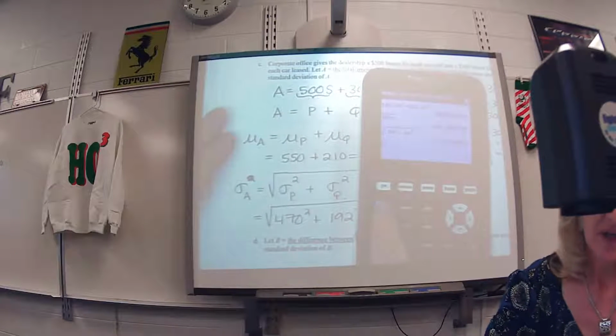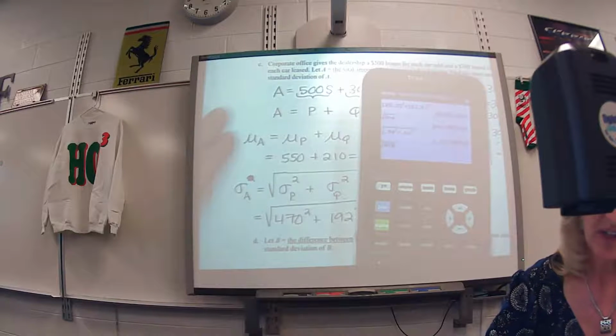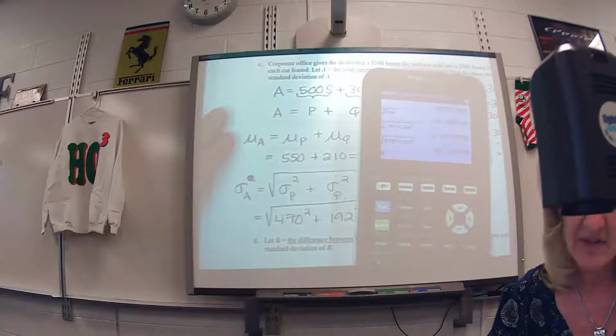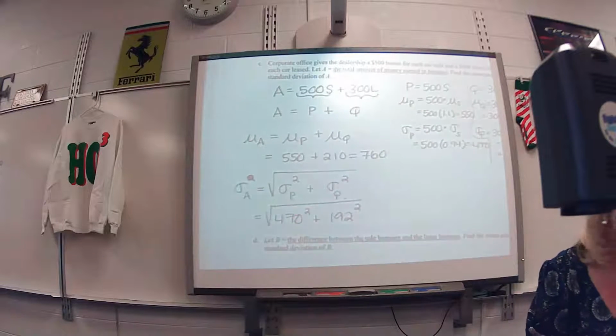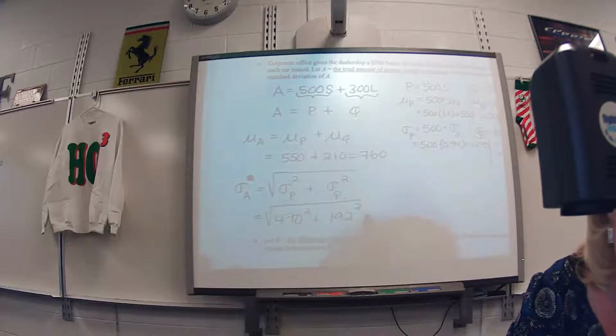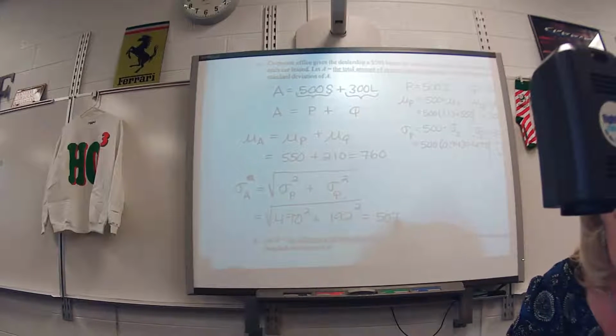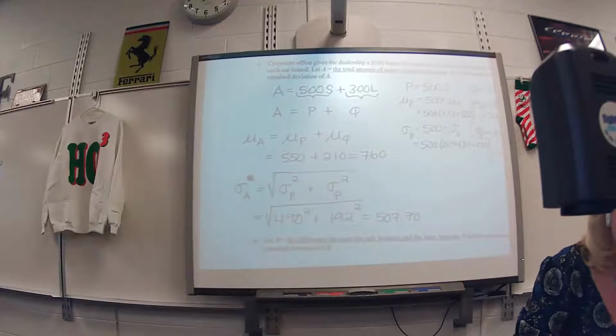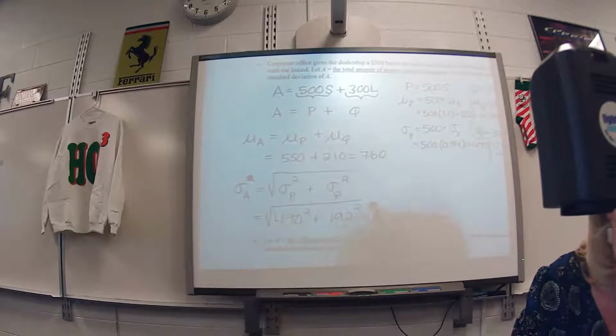So I would type in the square root of 470 squared plus 192 squared, and that's 507.70, I guess. And I'm going to 2 decimal places there because this is dollars. This is the amount of money in bonuses.